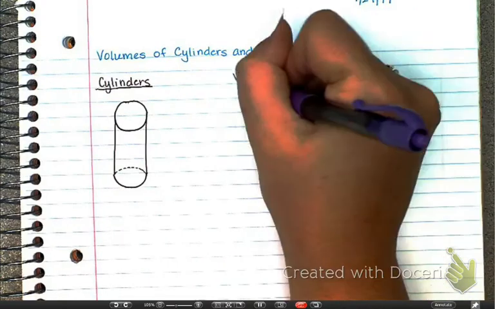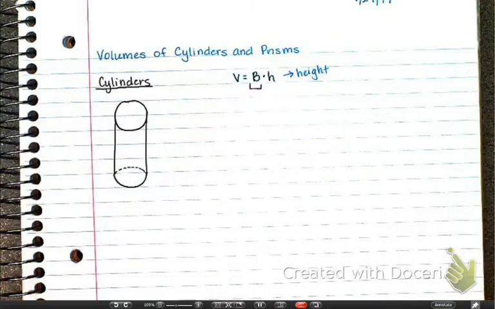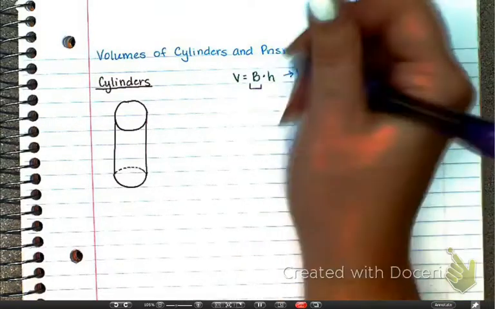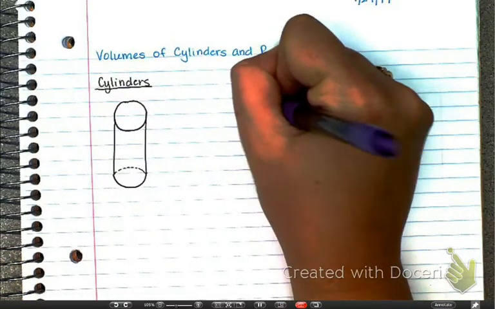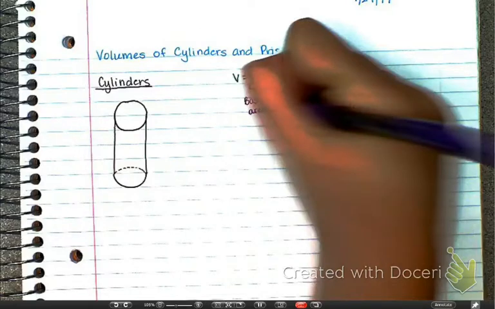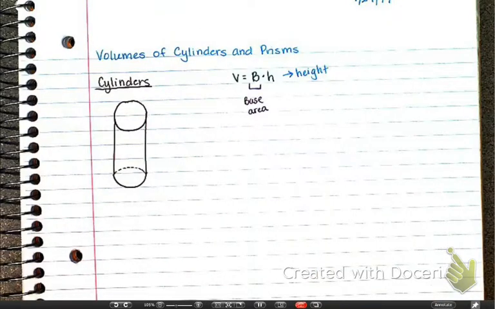Here's the important part. This big B, what would your assumption be on what that B stands for? Base. Okay. It actually stands for base area, or the area of the base.